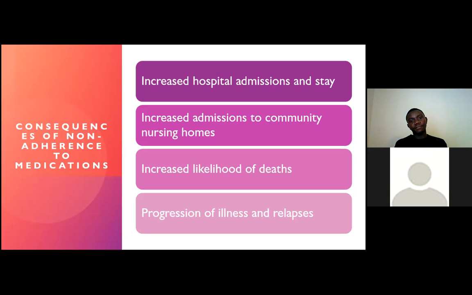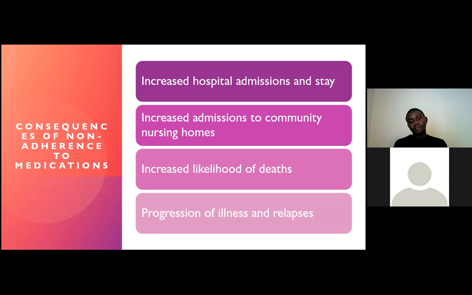Say, for example, if your illness really depends on medications to be managed. If you don't take those medications, eventually your body won't be able to help, but just give up. And once that happens, you are likely going to die.